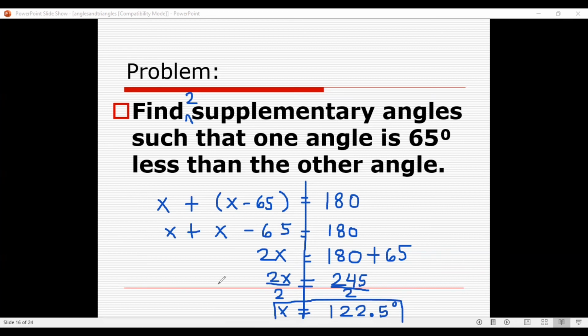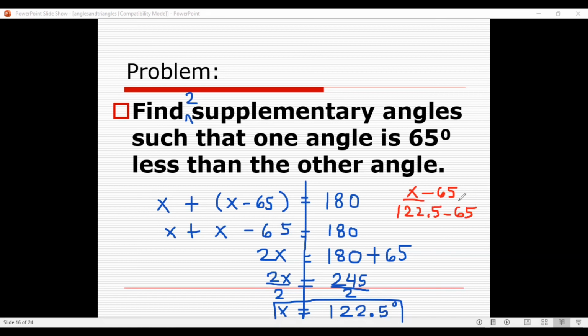After getting 122.5, which is the value of x, we will now get x minus 65, which is the measure of the other angle. Again, remember that x is 122.5, so we subtract 65.